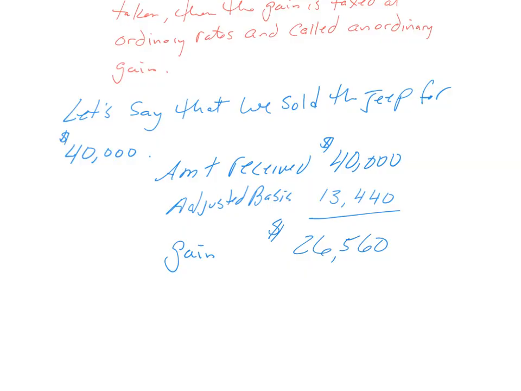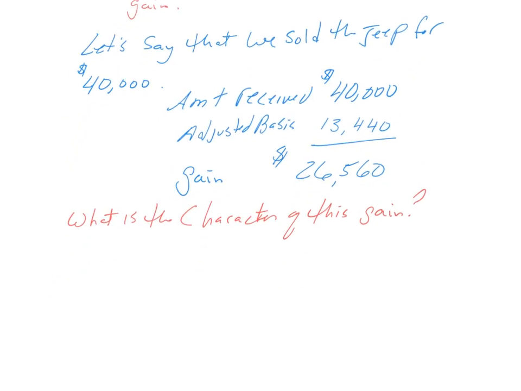Okay, so now we have the same basic question. What is the character of this gain? Well, just like last time, we have to look at this gain with respect to the amount of depreciation we've taken.